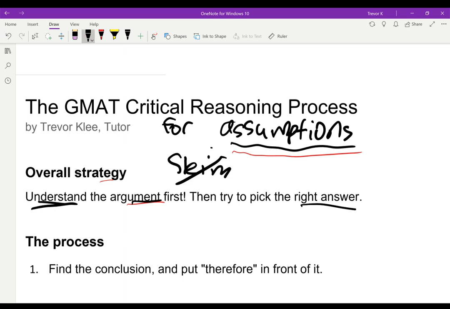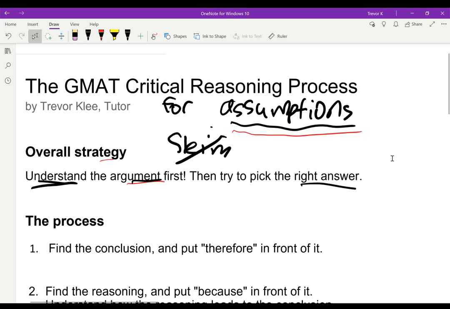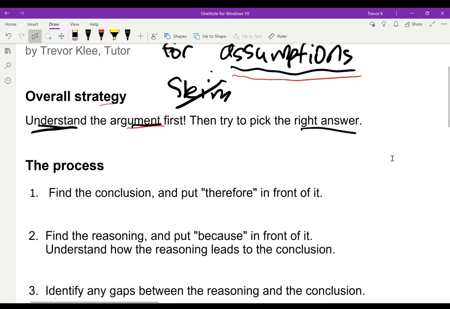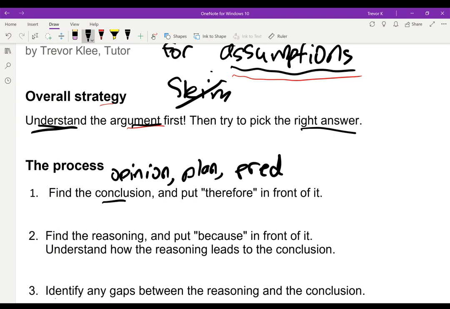Okay, so let's briefly discuss the process, so we can spend more time on assumptions. Our process is always going to be, we find the conclusion first, which is like an opinion or a plan or a prediction, and we put "therefore" in front of it.